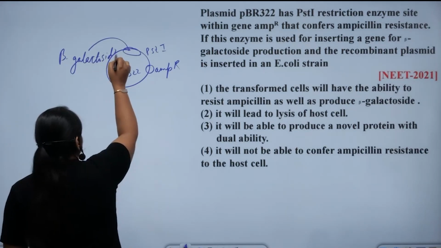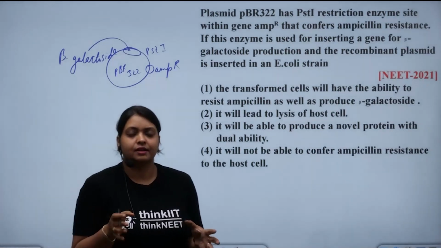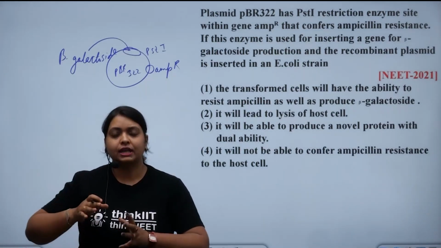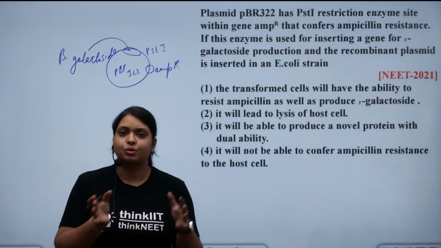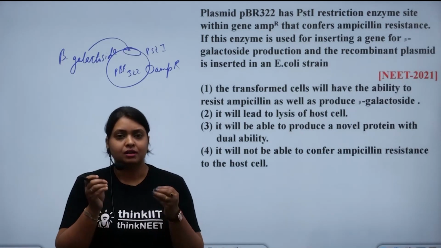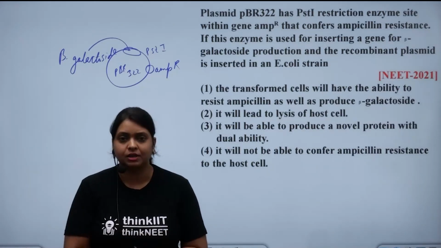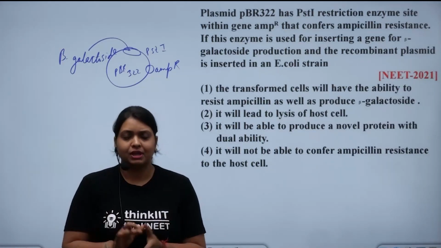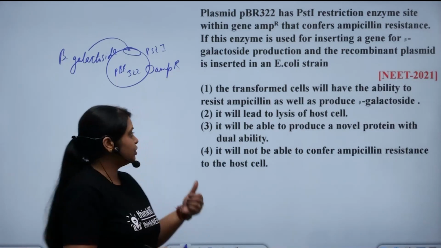Okay, so let me clear one thing. Whenever you are inserting a different gene or a foreign gene or foreign DNA or desired DNA into a particular vector or a plasmid, there will be an inactivation of a particular gene. This is the principle I'm telling you, but we can tell the answer by looking at the options.